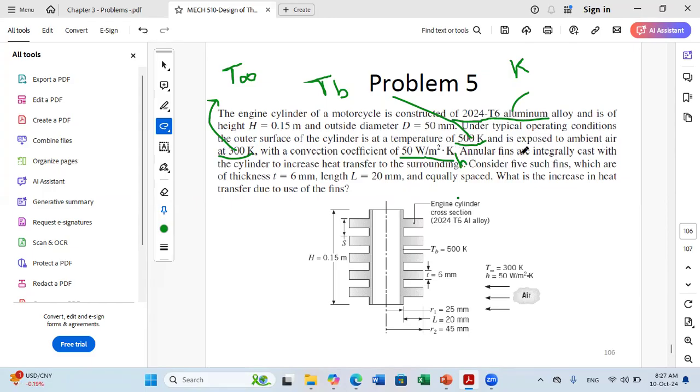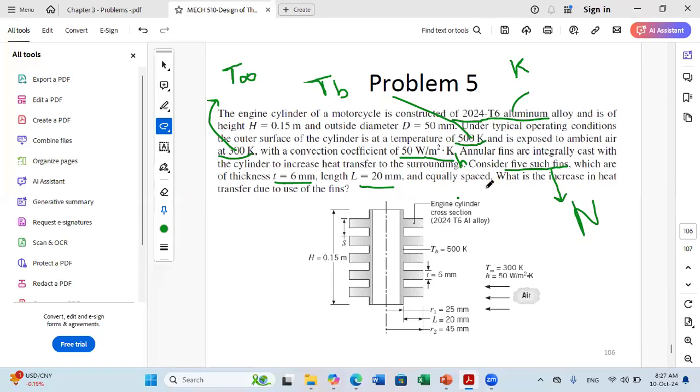Annular fins are integrated with the cylinder to increase heat transfer to the surrounding. Consider 5 such fins. So this is the number of fins we are considering in this problem, which are of thickness 6 millimeter and length 20 millimeters.